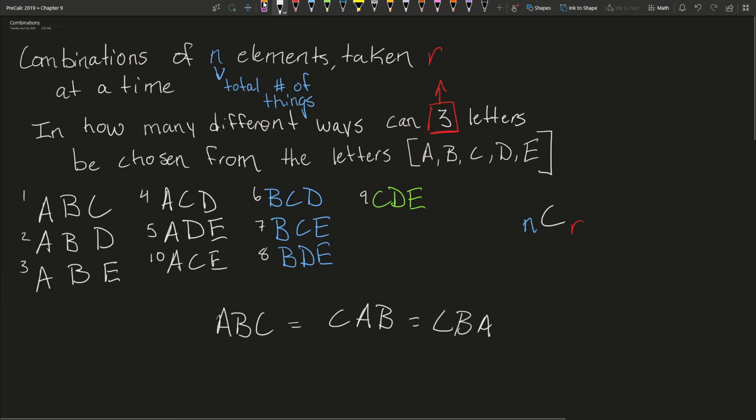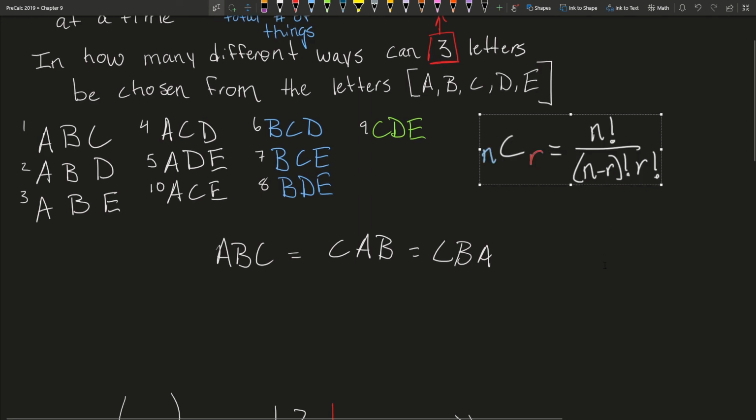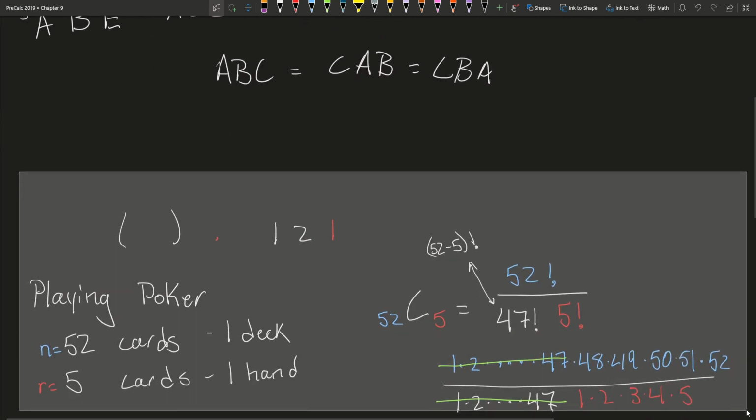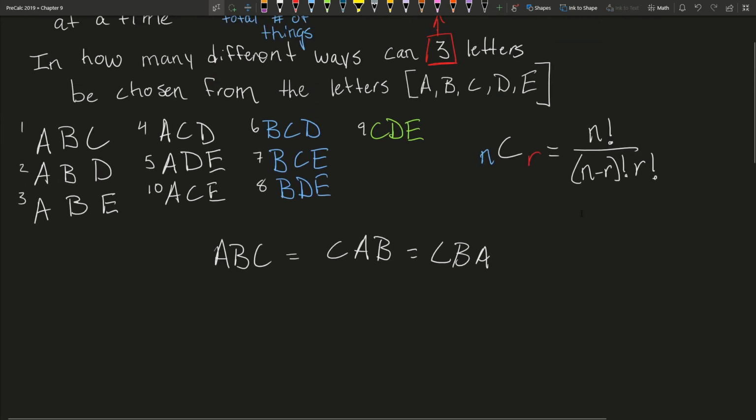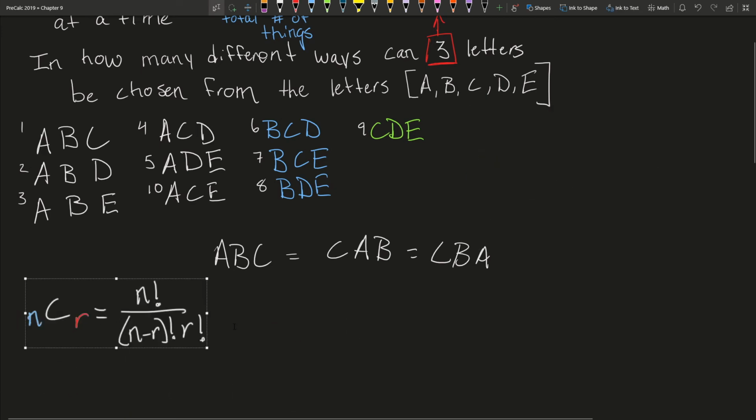First, recall, this is n factorial over n minus r factorial times r factorial. So if we plug that in, we would have 5 choose 3.